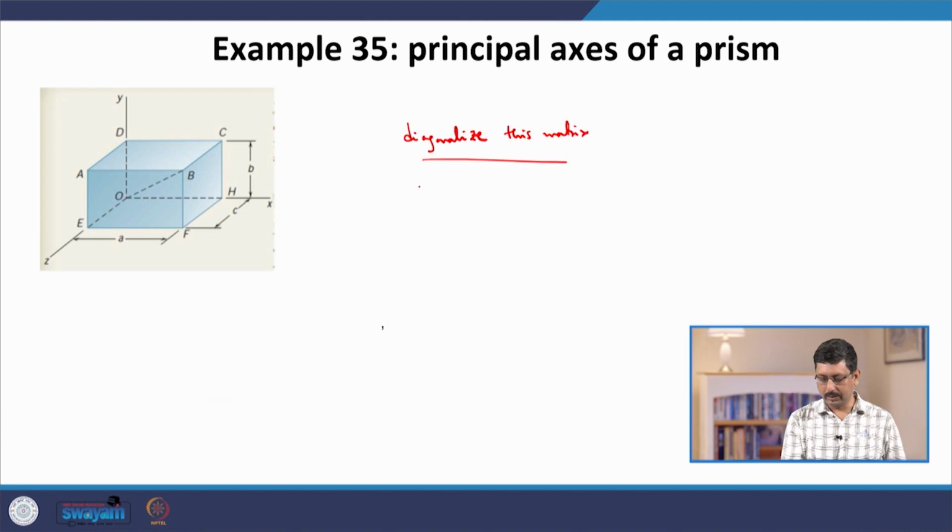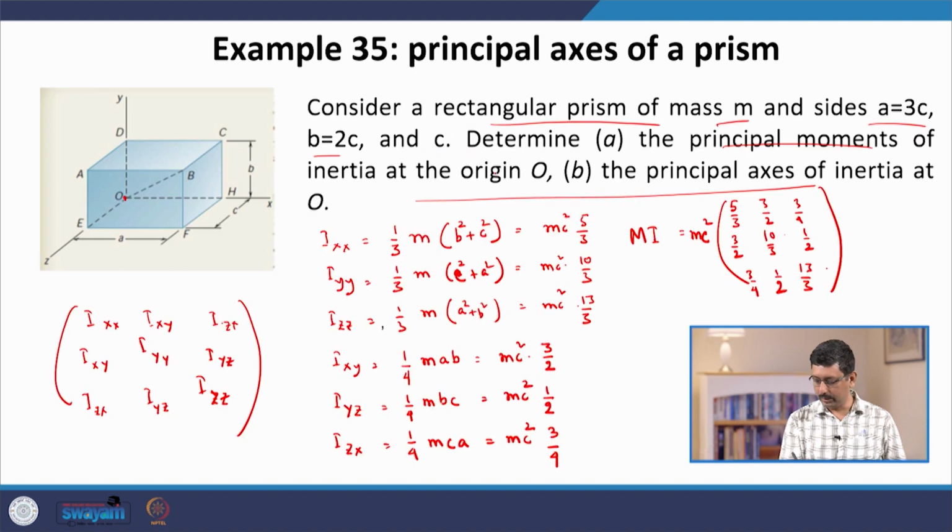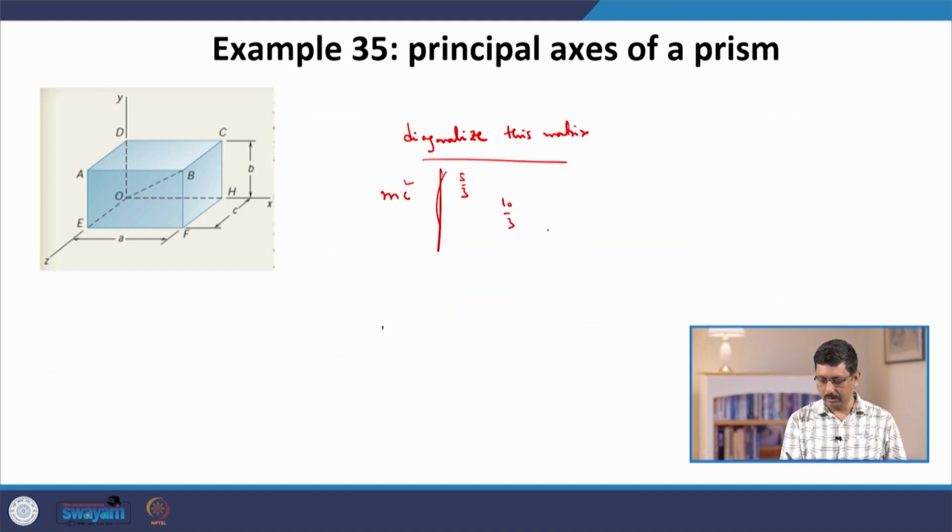So first, the matrix has 5 by 3, 10 by 3, 13 by 3 on the diagonal, then 3 by 2, 3 by 4 and half off the diagonal, minus lambda on the diagonal, with the determinant equal to 0.